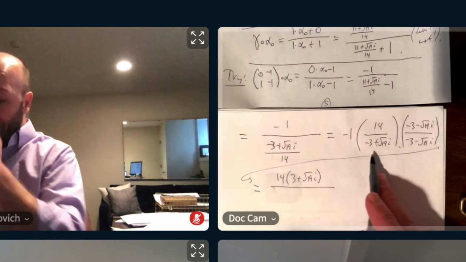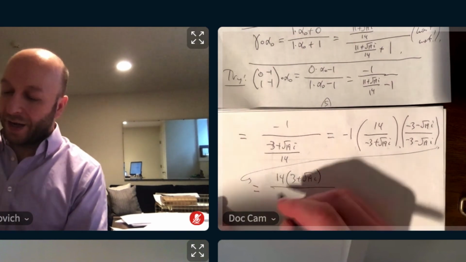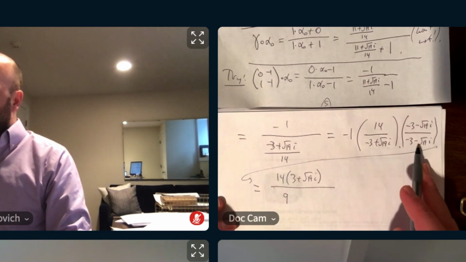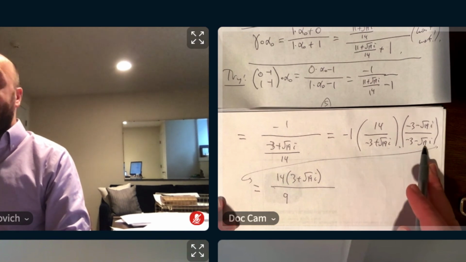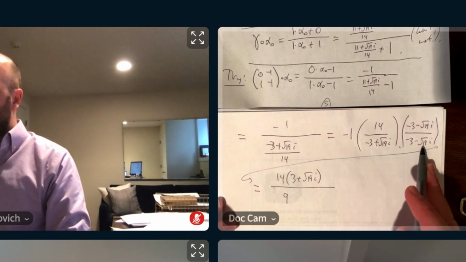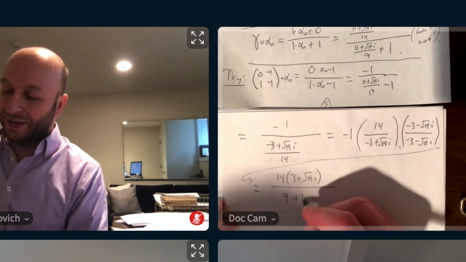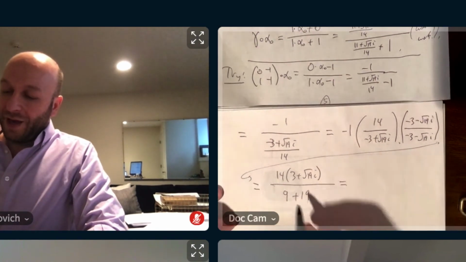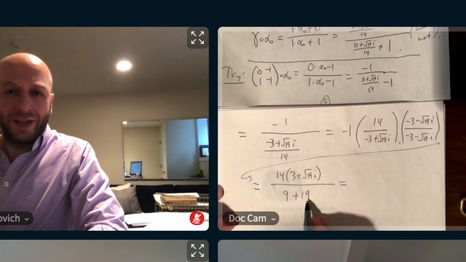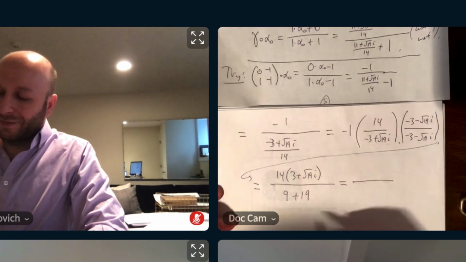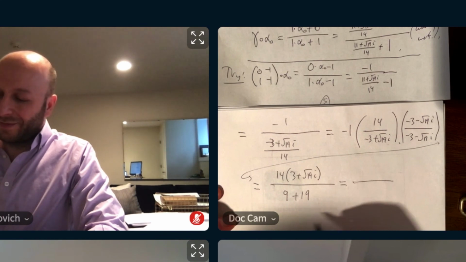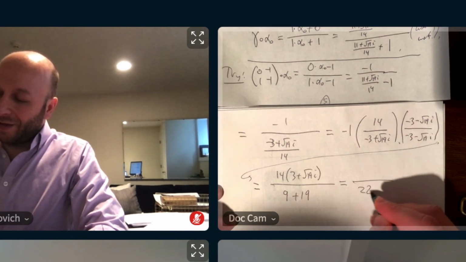The new denominator. Okay, 3 times 3 is 9, 9 minus root 19i squared is a plus 19. Plus 19. Interesting. Okay, what is 9? 9 plus 19 is 28. 28 on the bottom.